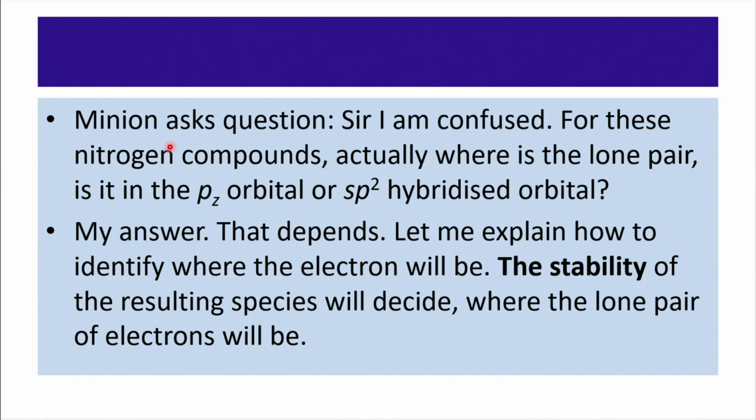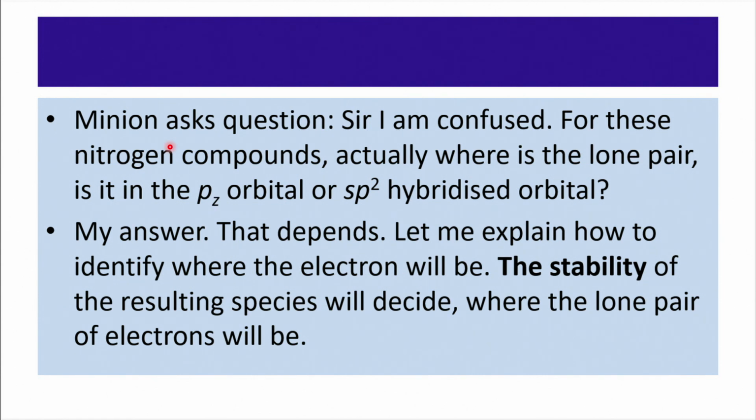So in pyridine, we put the lone pair on the sp2 hybridized orbital and not on the pz orbital. Moreover, pyridine is basic. In other words, the lone pair is freely available, so it is not involved in the resonance. The better way is to put the nitrogen's lone pair on the sp2 hybridized orbital, where it is easily available.